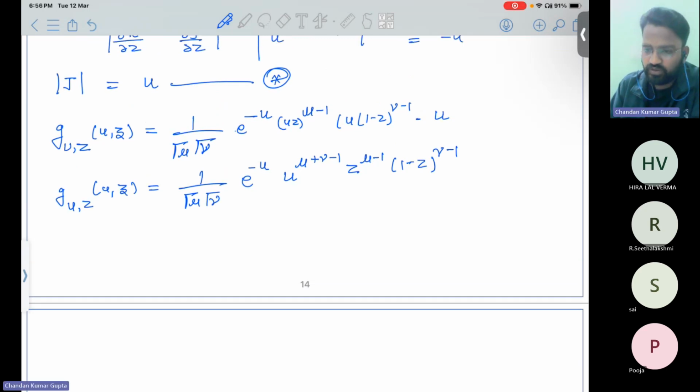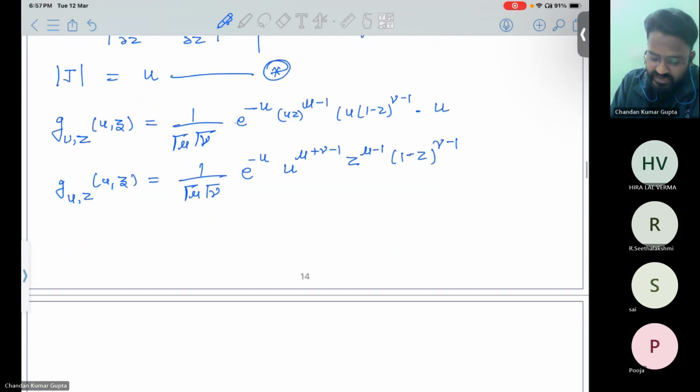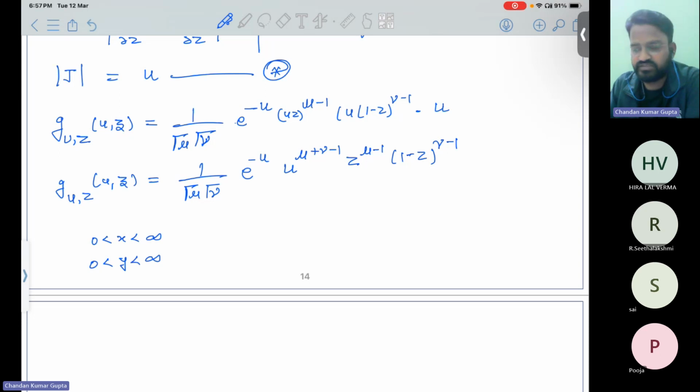Now we will discuss its range. What is the value of u? Here x has a range and y has a range like this. Let me check z.